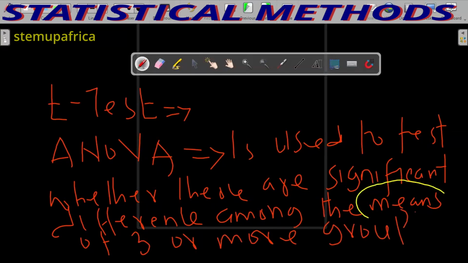That is what the ANOVA is used for. Then number 3, we have the ANCOVA.